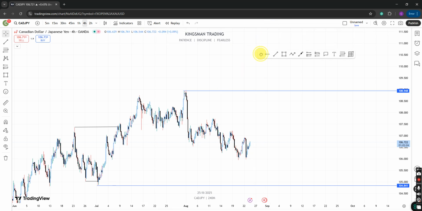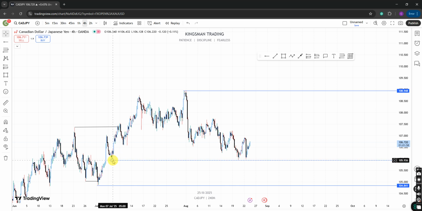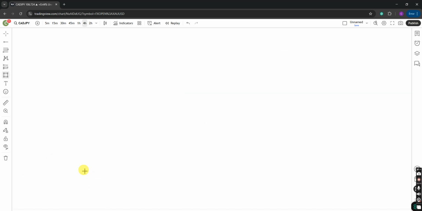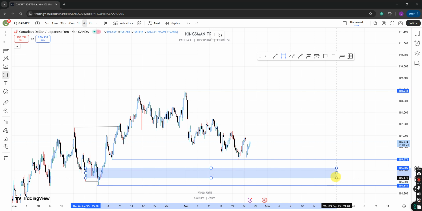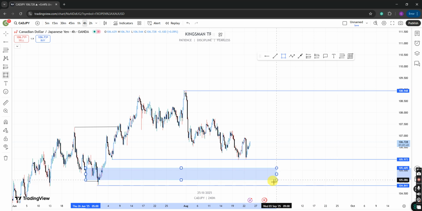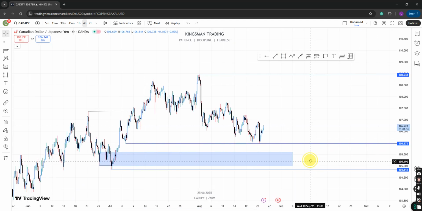This is going to be our structural liquidity that is going to attract price towards this point. And then I'm going to take out this previously invalidated order block, which can now act as a reclaimed block.